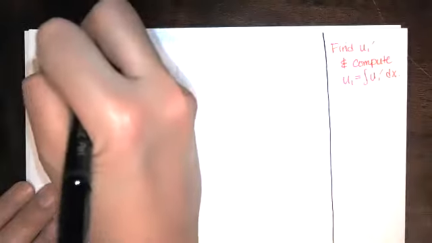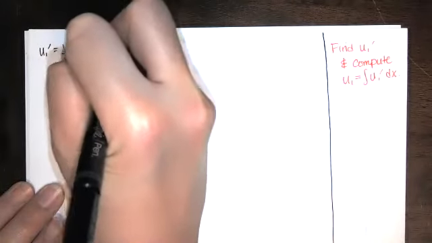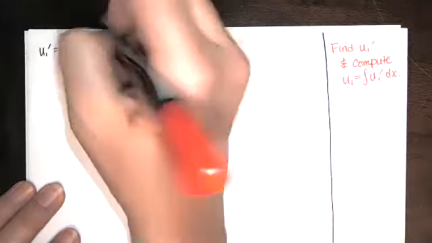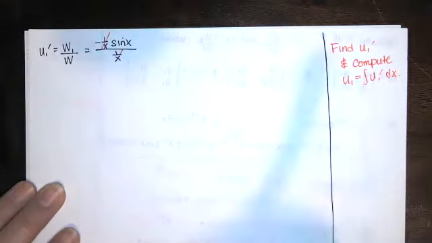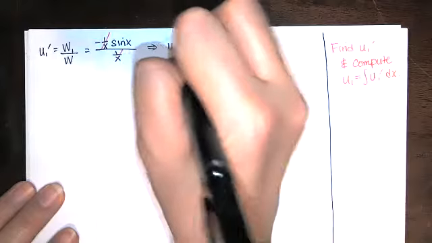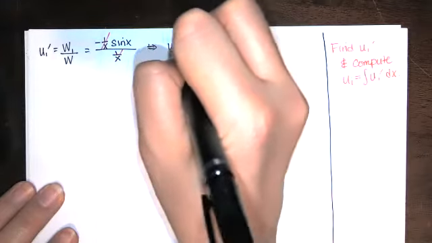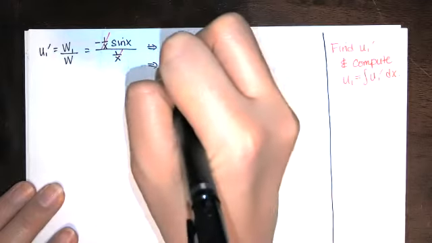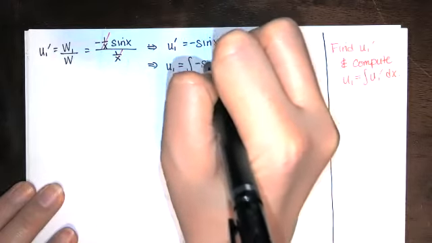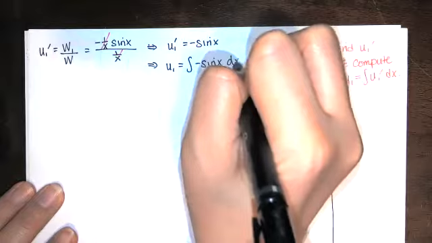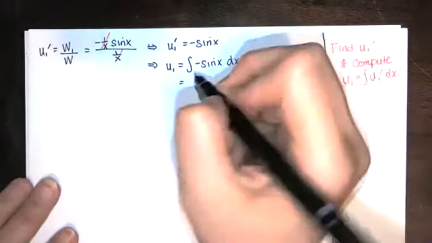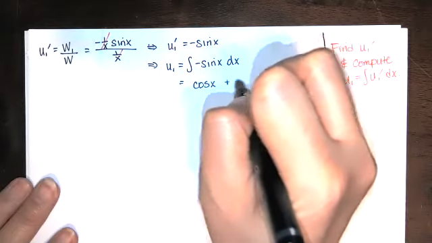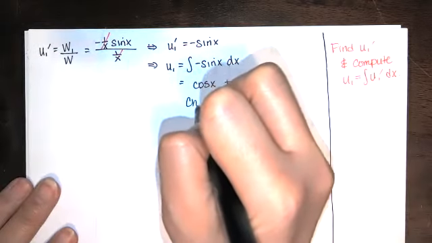Well, that's easy enough. These guys reduce. We just get negative sine of x. And so U1 is the antiderivative of negative sine of x. So I believe that's cosine of x plus a constant. We're going to choose that constant of integration to be 0.